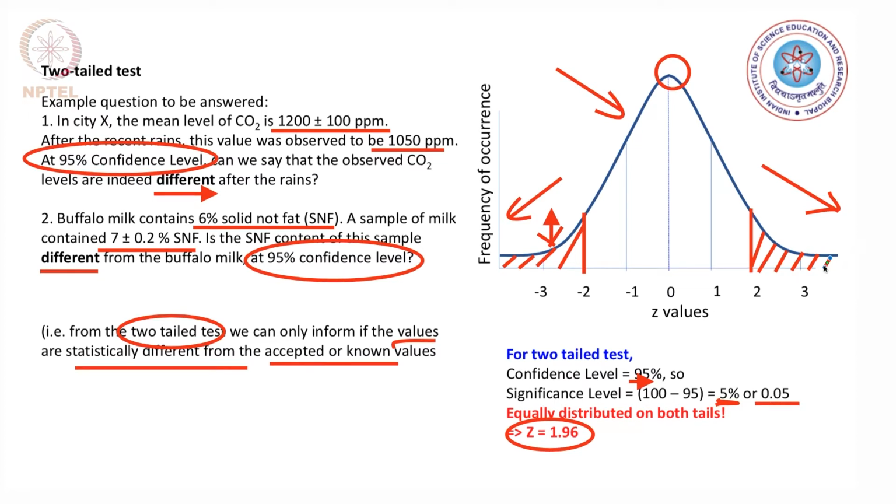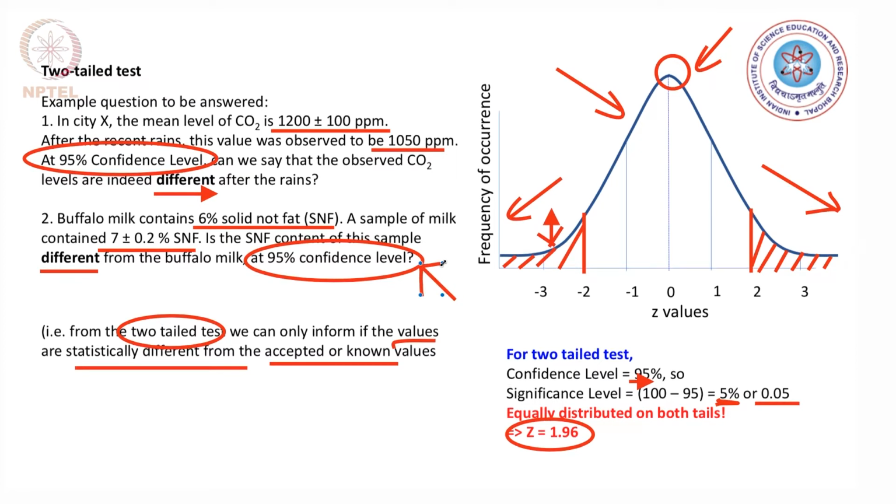So, any reading that lies in this region will be considered statistically significantly different from the mean value, which is shown at the peak of the Gaussian profile, and we state our results at a certain confidence level.